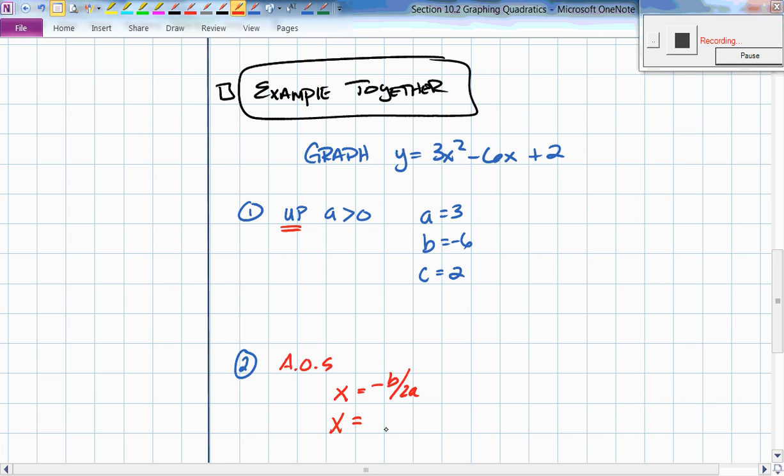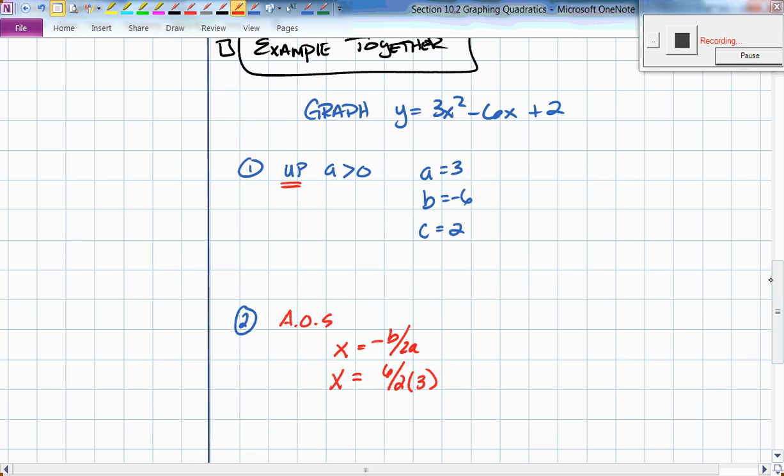If b is equal to negative 6, then what's the opposite of b? Positive 6. So this is equal to 6 divided by 2 times, what's the value of a? 3. So how much is 6 divided by 2 times 3? Yeah, this is just 6 over 6. So x has to equal 1.